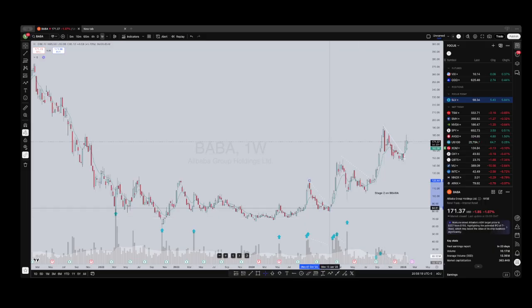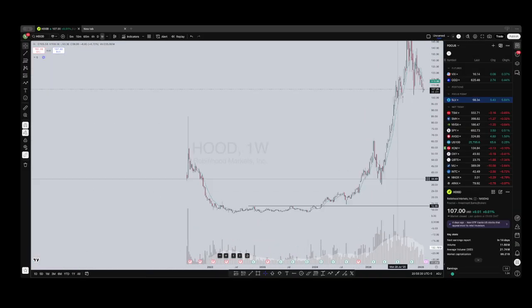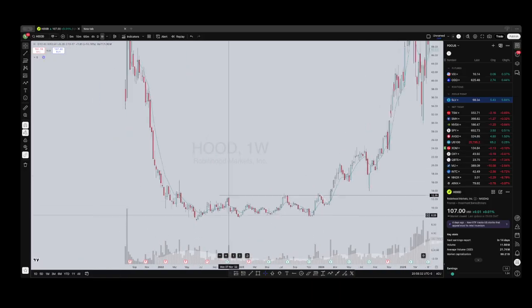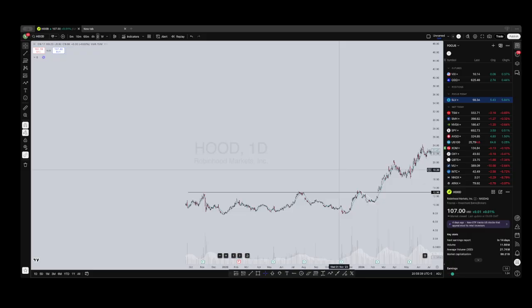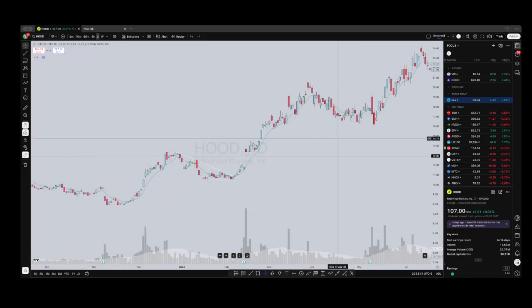Unfortunately, I was a bit too early on my first attempt. That was from back here in Feb, I think. Was it? No, it was November. But yeah, this is super, super textbook. So we got Baba, we got Hood. This is what I was talking about, this base from back here. I bought this. I think this might be my drawing even from back then. That's what I logged.